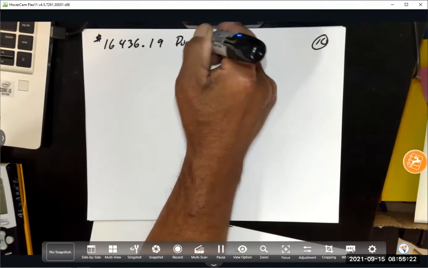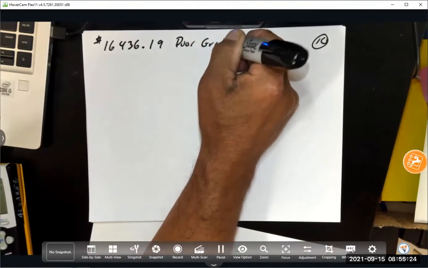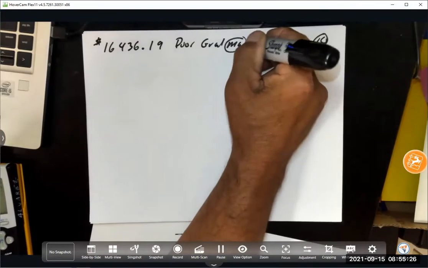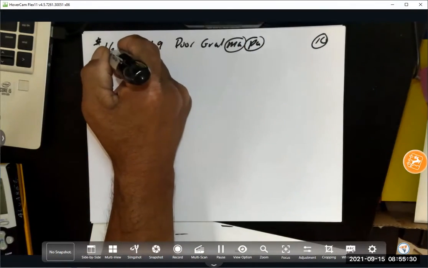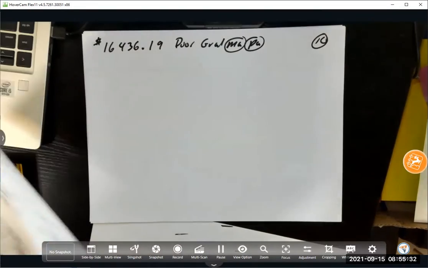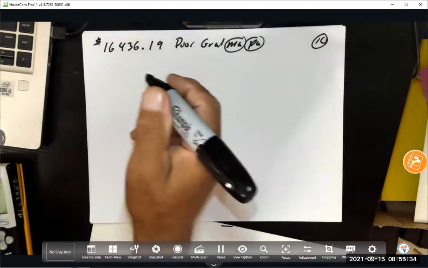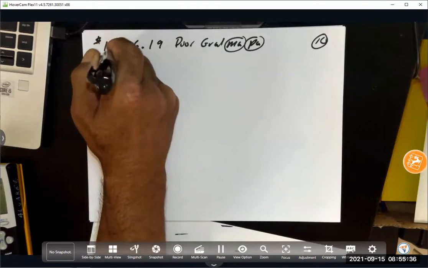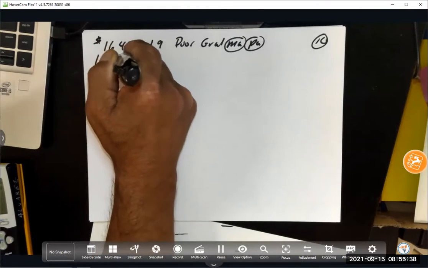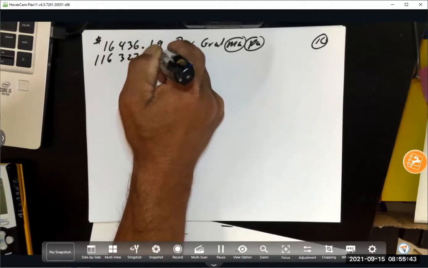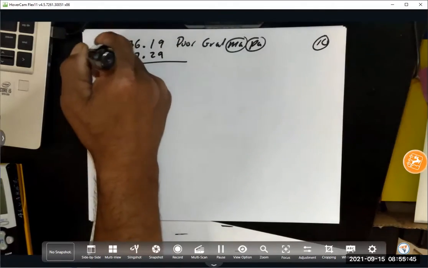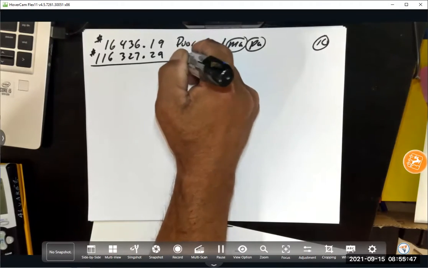Grandma and grandpa. And we're gonna go to the other one. The other grandma and grandpa. They had 116,327 point, and I'm going to round it up to 29. Right there. So rich grandma.